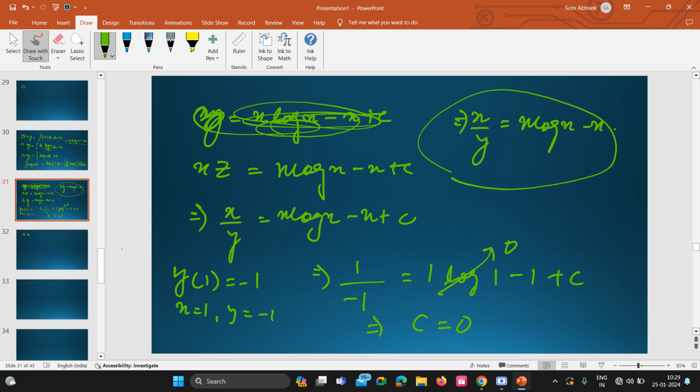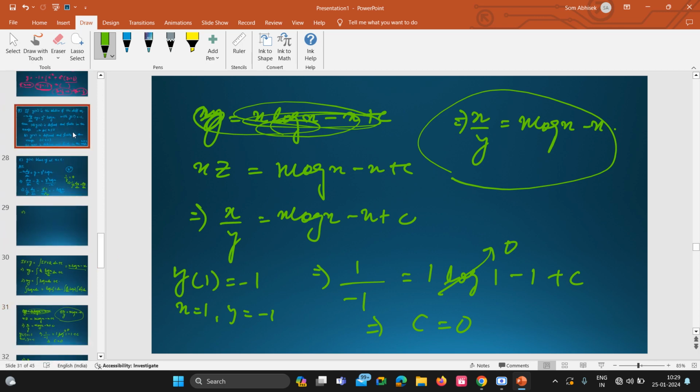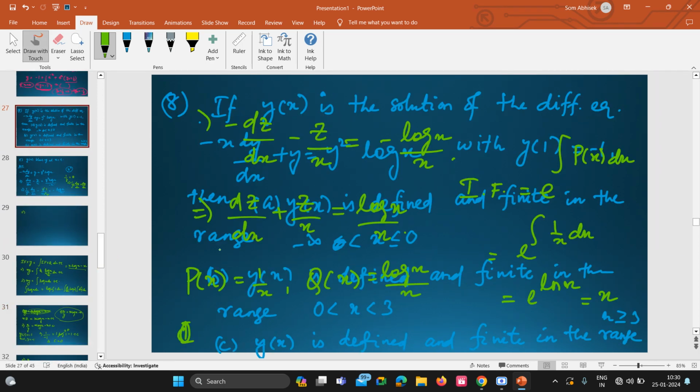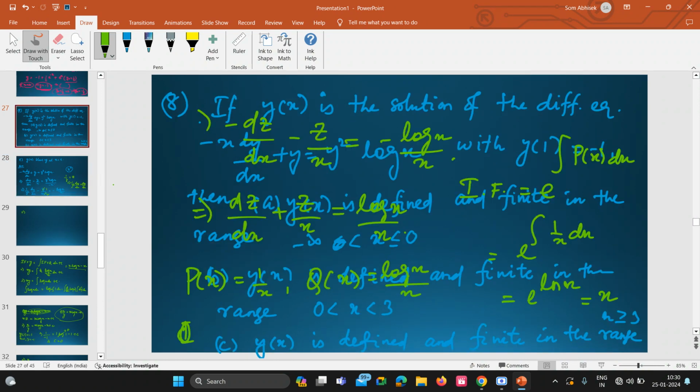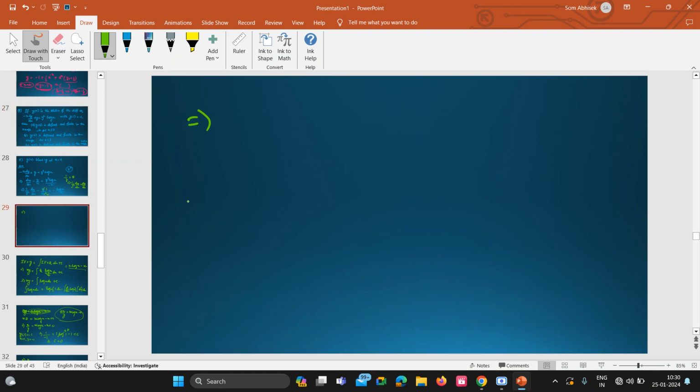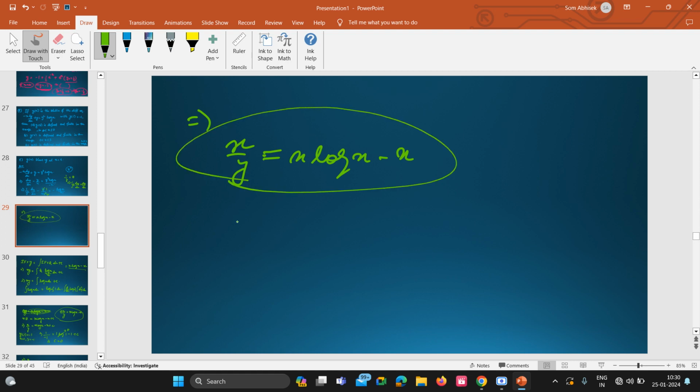So the options are what? I will read the options again: y(x) is defined and finite in the range minus infinity to 0.